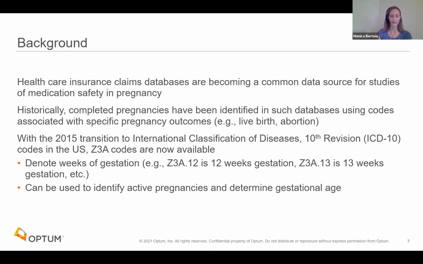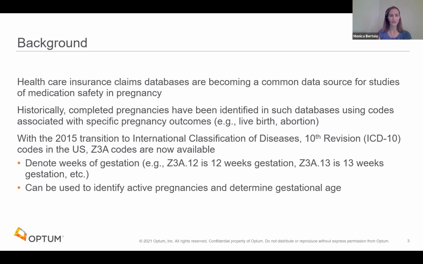Historically, claims-based studies use an average gestational period assigned based on the pregnancy outcome. For example, full-term live births are assigned a gestational age of 39 weeks, stillbirths 28 weeks. This approach works well for some outcomes, but it's associated with greater measurement error for others, like spontaneous abortions.